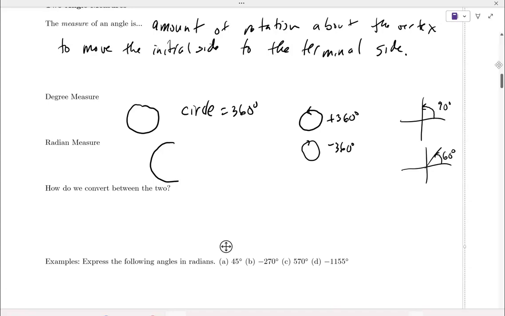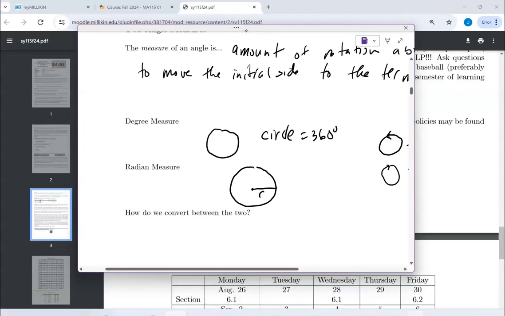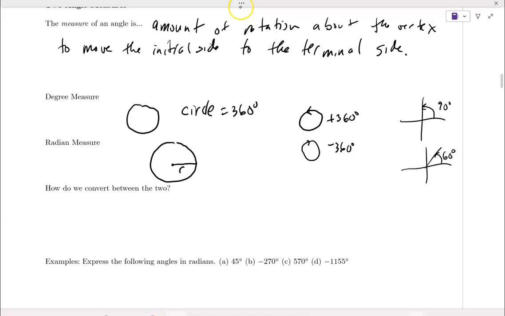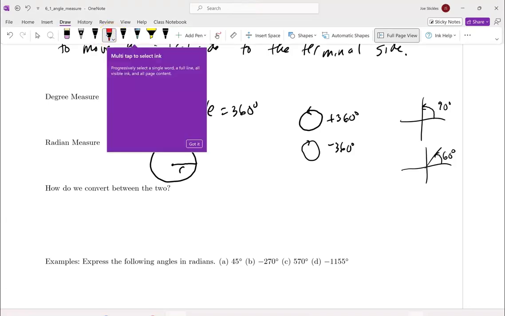I have a circle, and I have a radius of some certain length. Doesn't matter what the length is.